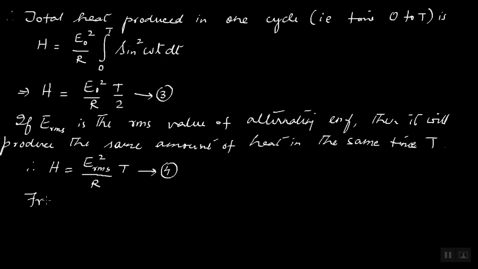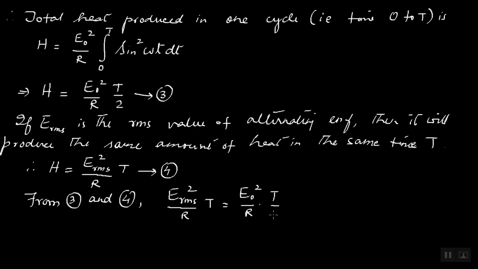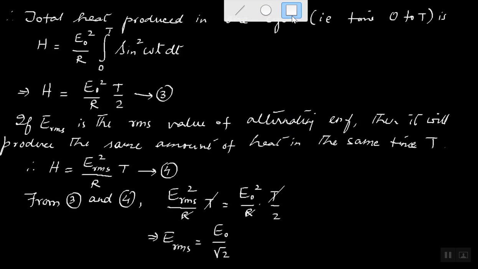From 3 and 4, you have E RMS square by R T is equal to E naught square by R times T by 2. This T and this T will go, this R and this R will go. So you have E RMS equal to E naught by root 2. A very similar expression we get for I RMS.